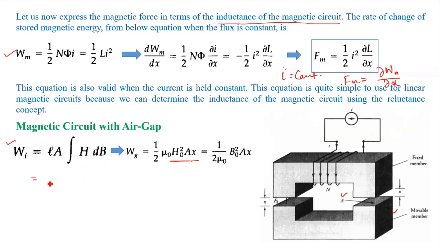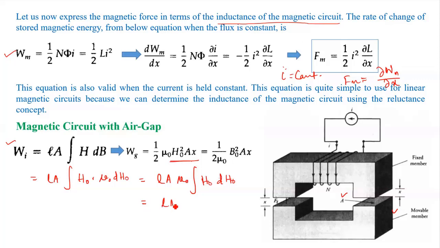So here, if we write l A integration of Ho dB, I can write dB in terms of H. I will write mu naught d of Ho. So now your expression will become l A mu naught integration of Ho dHo, right?